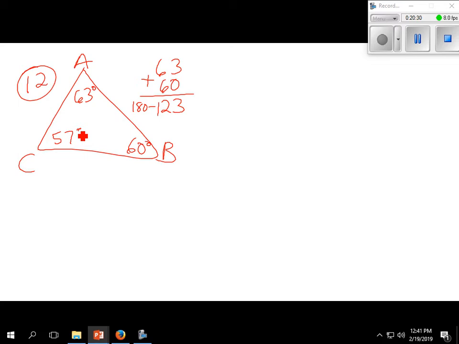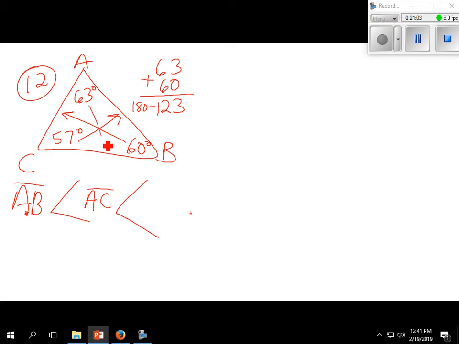It says, list the sides of the triangle from shortest to longest. So we're going to list them. I'm going to use the alligator mouth: shortest one over here, longest one over here. We can tell that by looking at the angles. The shortest side's got to be across from the smallest angle, which is 57. So segment AB has to be the shortest. The next smallest angle is 60 degrees, which is across from AC, so that's the next shortest side.